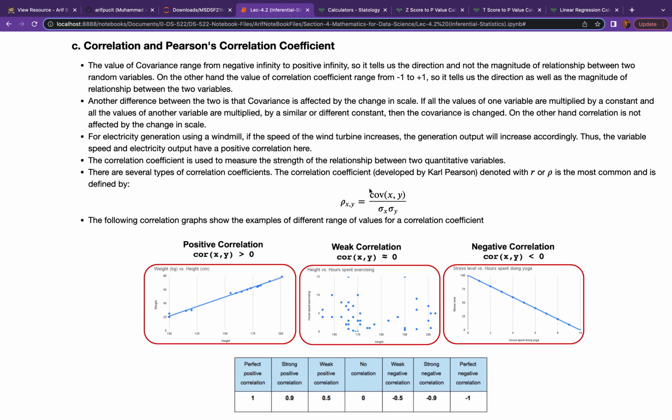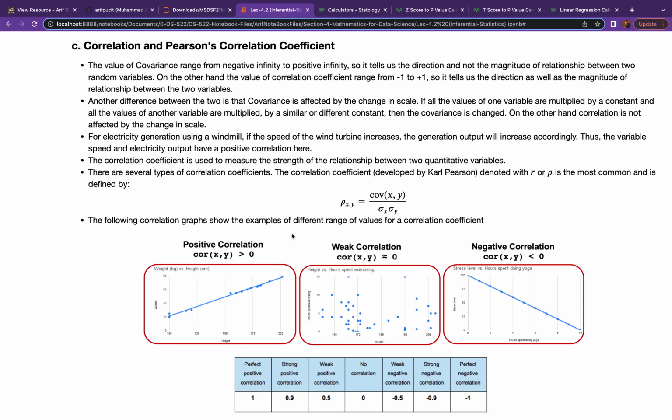My dear students, the value of covariance ranges from negative infinity to positive infinity. So it tells us the direction and not the magnitude of the relationship. On the other hand, the correlation coefficient ranges from -1 to +1. So it tells us the direction as well as the magnitude of the relationship between two random variables.